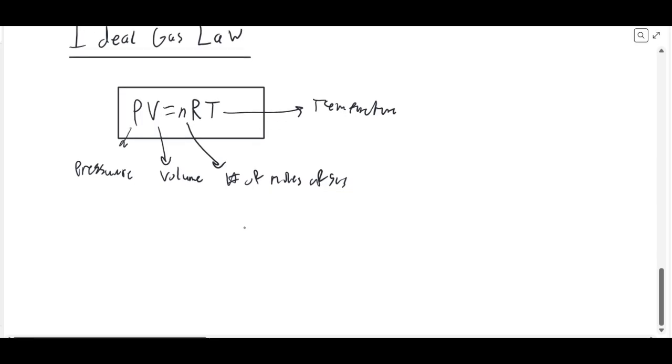One thing to keep in mind is R is a constant, and there are basically two forms you could use it in. One of them is this one right here, and the other one is this one. I'll just make this an approximation.